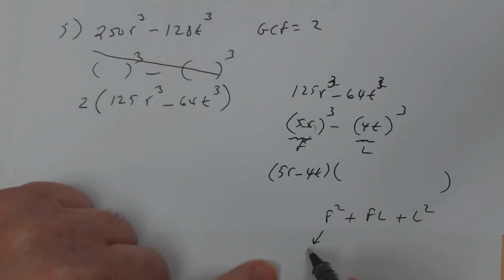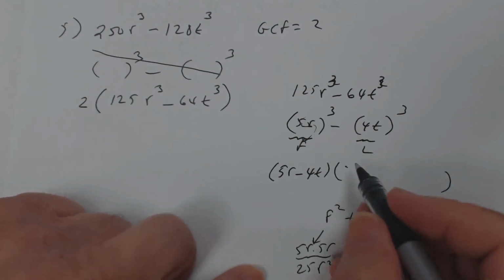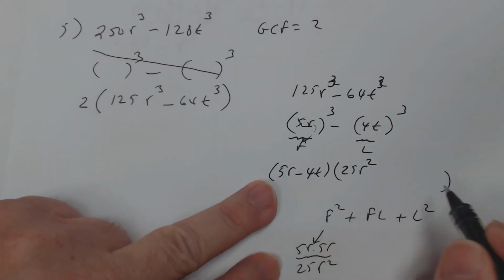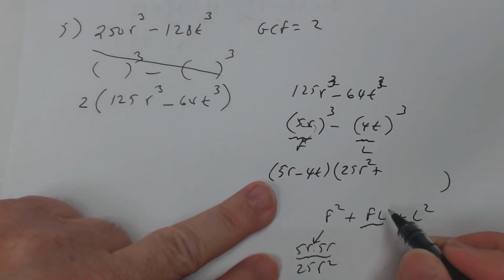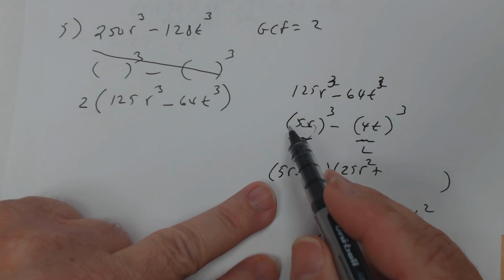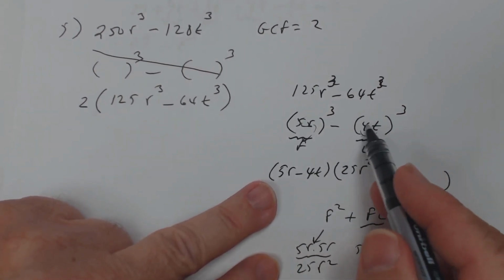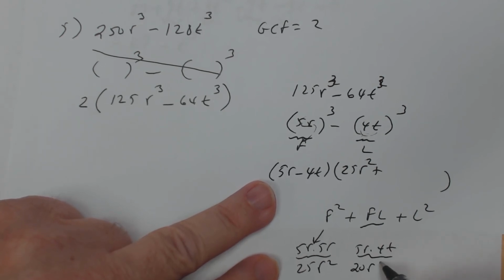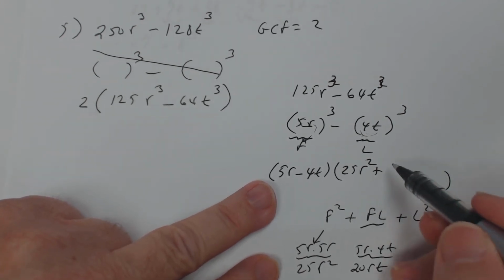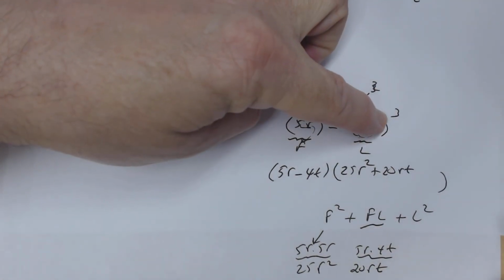So that right here means 5r times 5r, which is 25r squared. That goes here, 25r squared. Plus, this says I take the first and the last and I multiply them together. So in other words, I take 5r and I take 4t and I multiply them together and I get 20rt. So that goes here, 20rt.